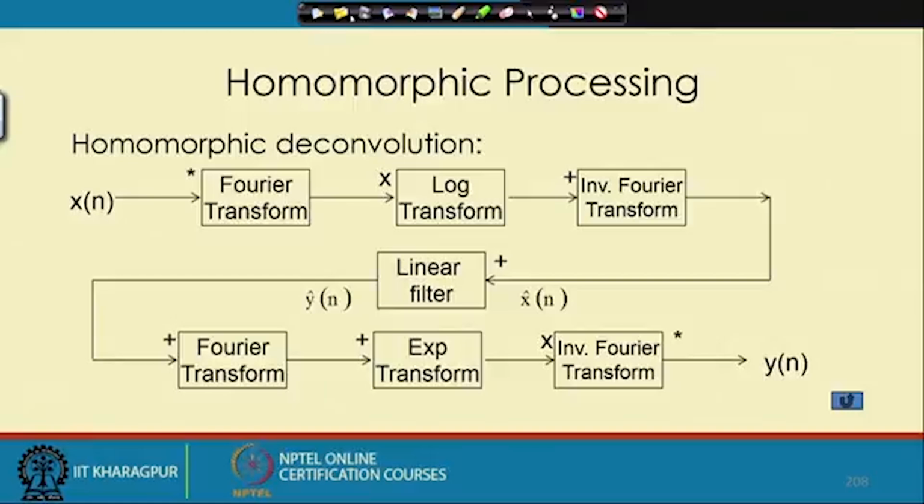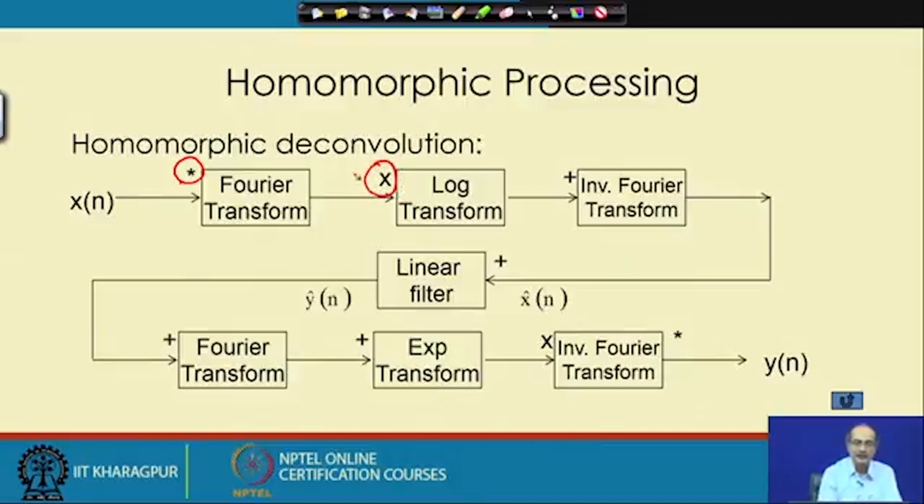Okay. And now, we look at the overall system. First, we take the Fourier transform of x n, that is our time domain signal, and the operation here before the transform was convolution. The operator is given there on the left hand side. After the Fourier transform, the convolution changes to multiplication.